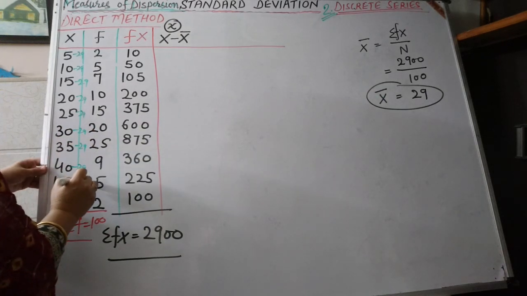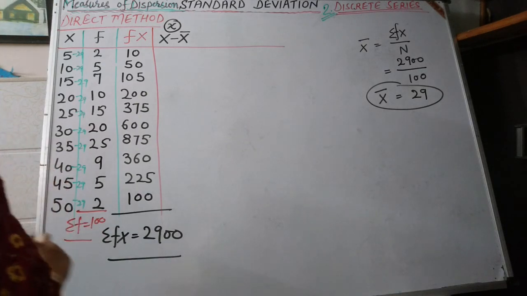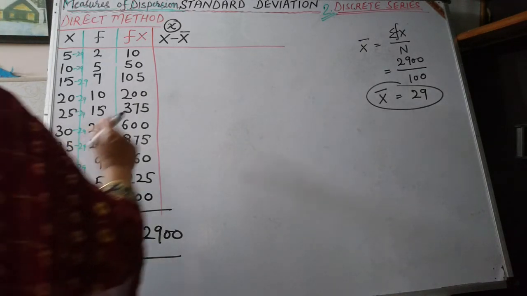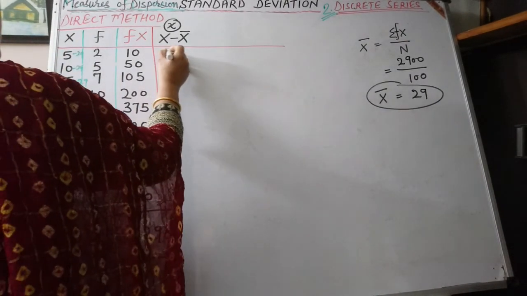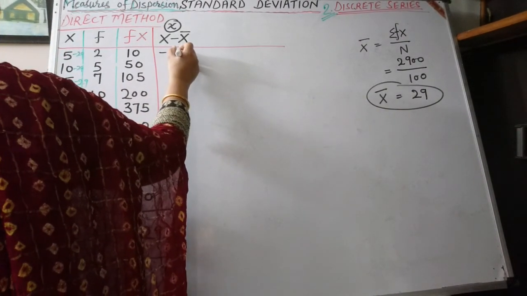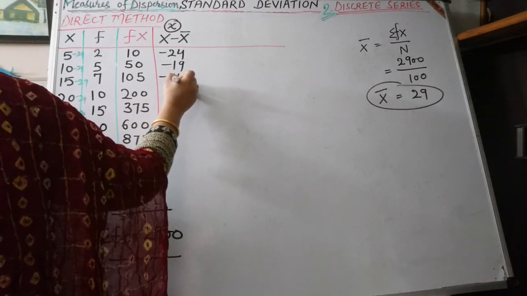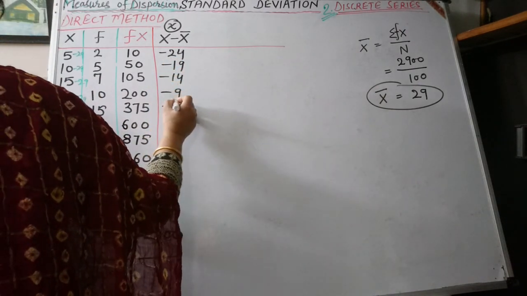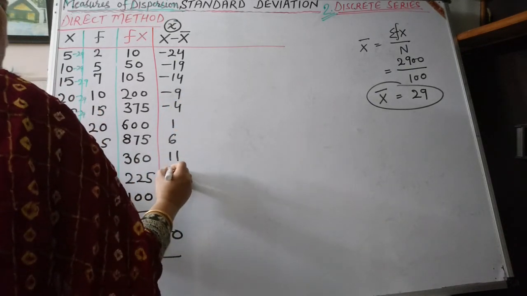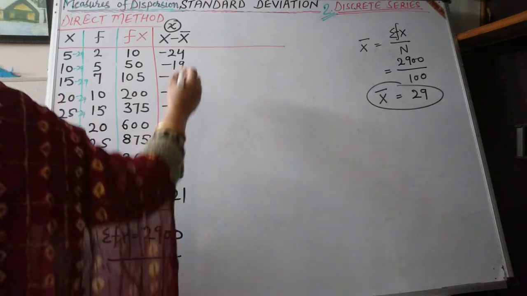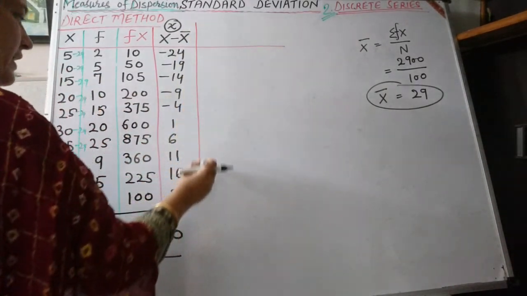So it will be 5 minus 29, minus 24, minus 19, minus 14, minus 9, minus 4, 1, 6, 11, 16 and 21. So we have calculated the value of small x.